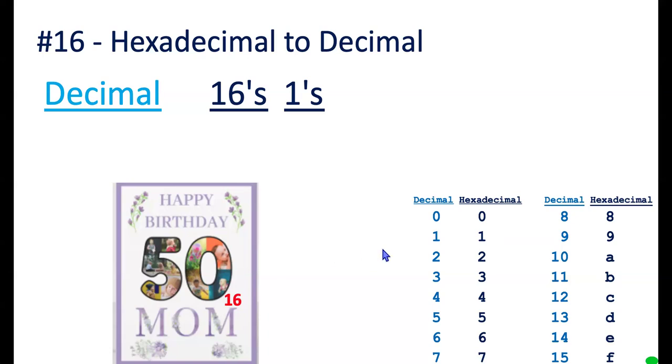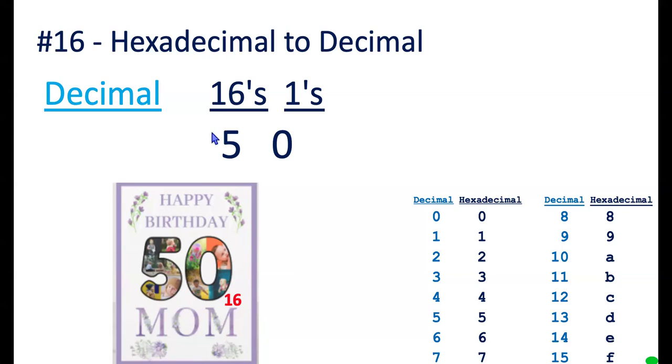Okay. But none of this, you don't have to have a degree in physics to understand this. It's not that hard. Okay. If you can count in decimal, you can understand any number system. Let's look. How old was my mom in decimal? She was 50 in base 16. So what do you think it is? How old was my mom?